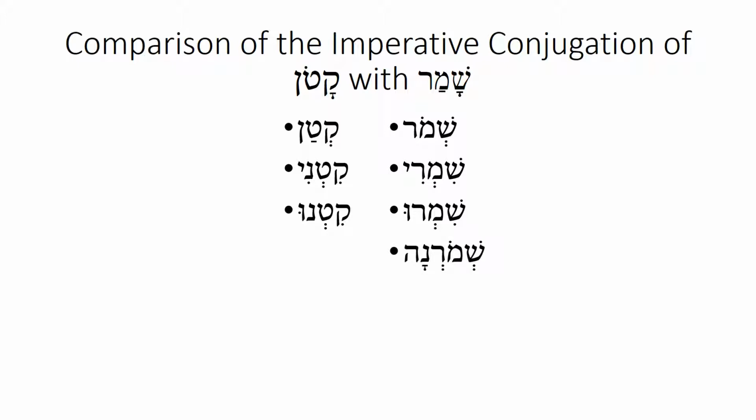We do, however, see it in the second person feminine plural imperative of shamar, shemorna, and that holem vowel will shift from an O-class vowel to an A-class vowel, and we end up with ketanna. And again, the reason for that is that the imperative, as we know, is formed from the imperfect, and so the same things that happen in the imperfect will happen in the imperative as well.